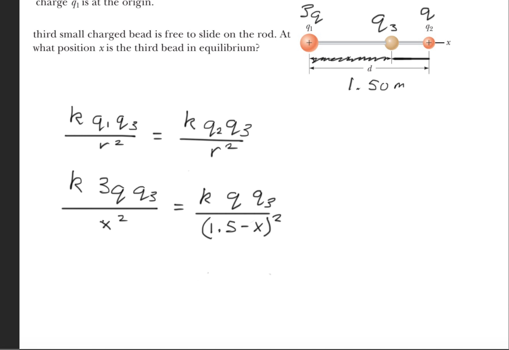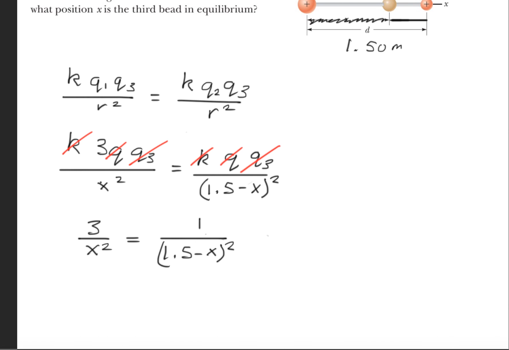So we can go ahead and cancel out the K's on both sides, cancel out the third particle, and we can get rid of these Q's right here, leaving us with 3 over X squared is equal to 1 over 1.5 minus X squared.